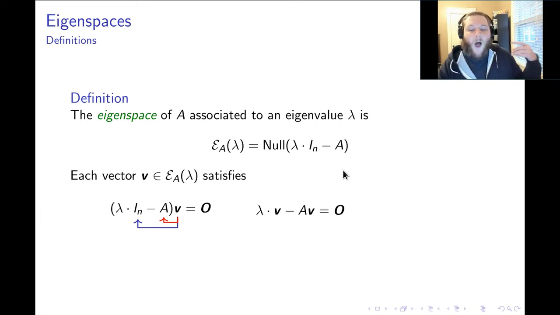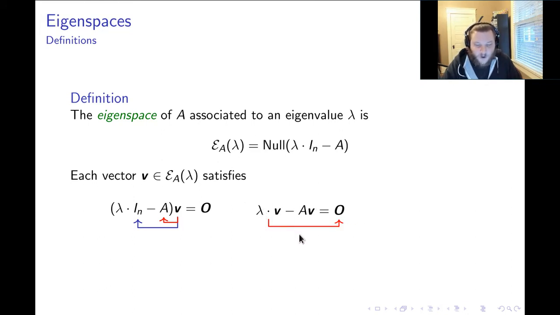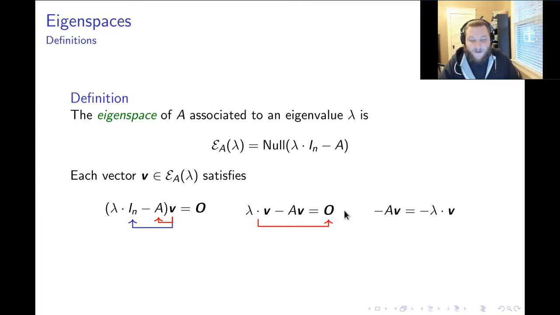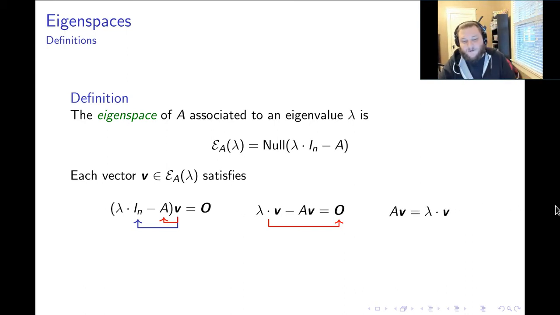And now I'm going to play with this equation a little more. I'm going to move lambda times v to the right-hand side of this equation. So of course, lambda times v, I need to subtract it off from the zero vector, which just gives me negative lambda times v. So now my equation is negative A times v equals negative lambda times v. And of course, those negatives cancel.